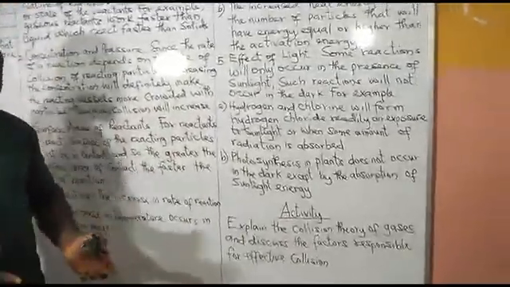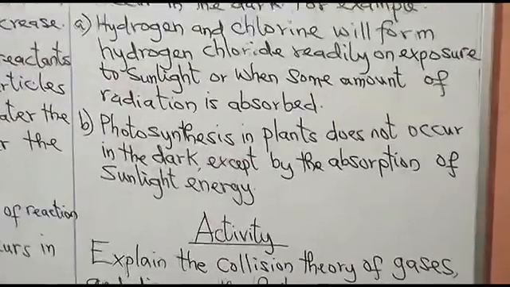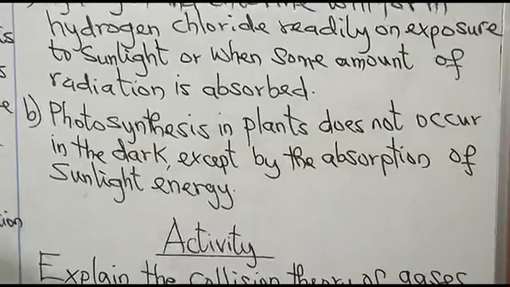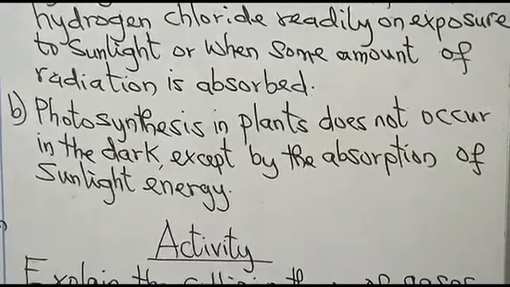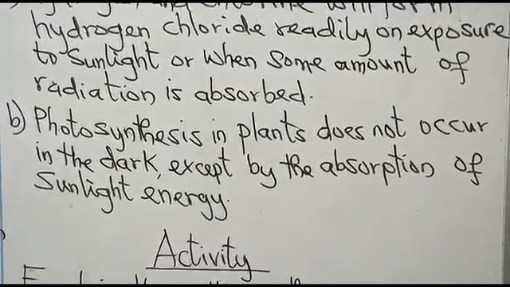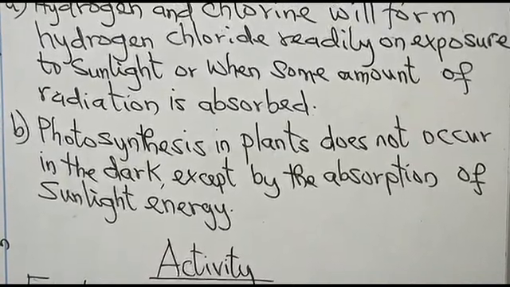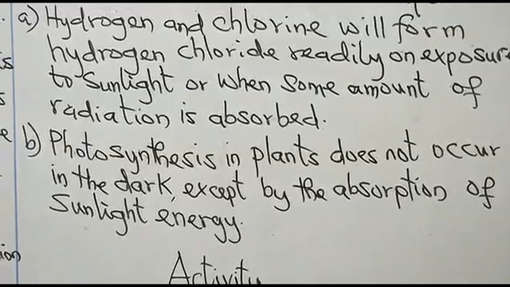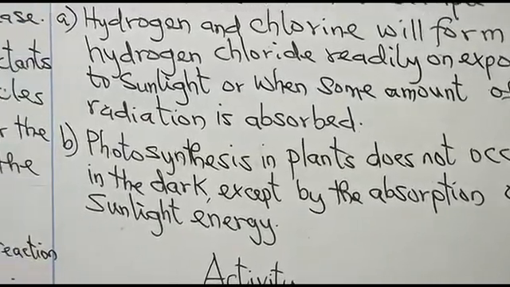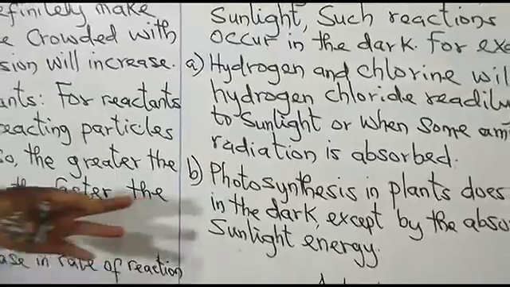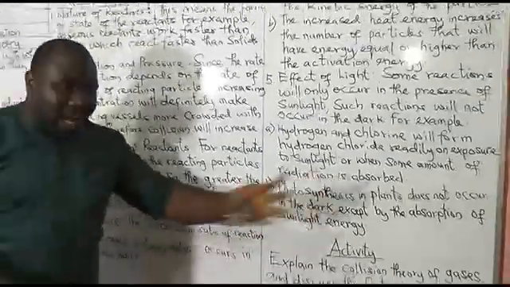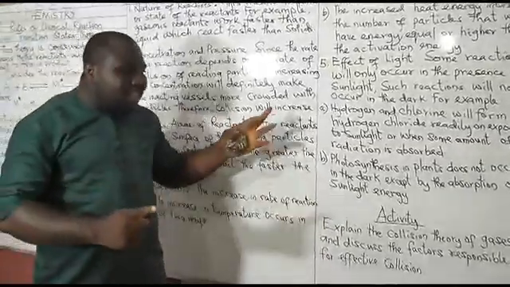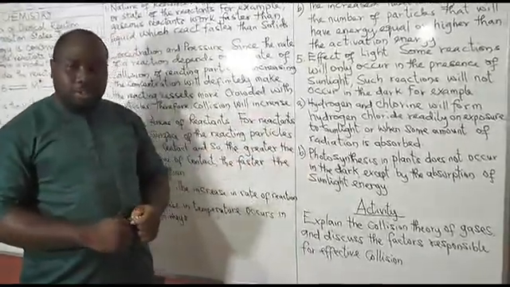It's the process by which the green parts of plants manufacture their food. Now there are requirements, and part of the requirement is sunlight. So sunlight is a necessity for photosynthesis to take place. It cannot happen in the dark.